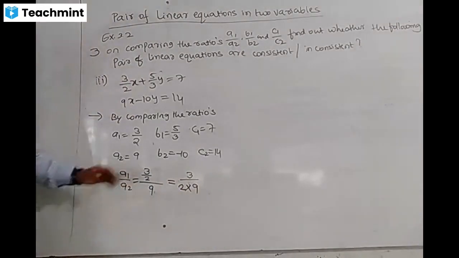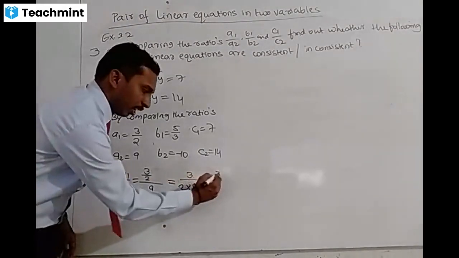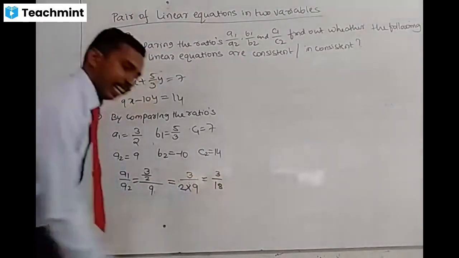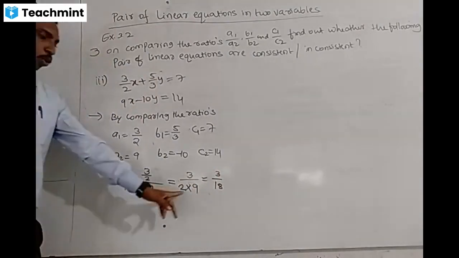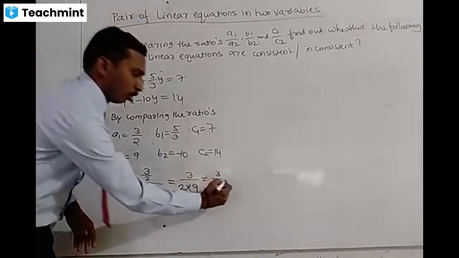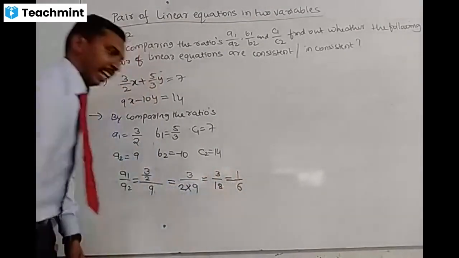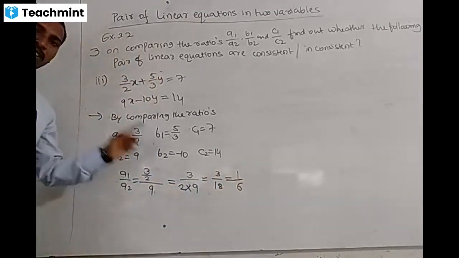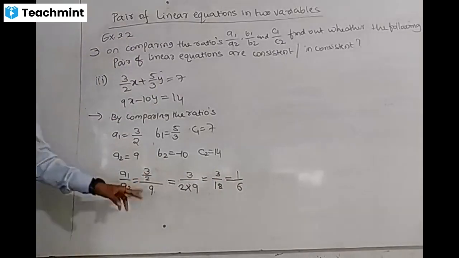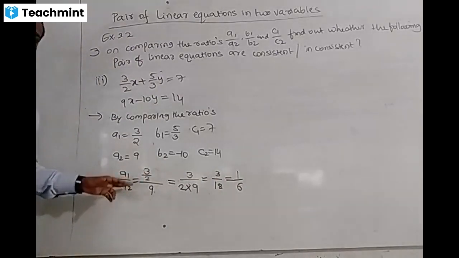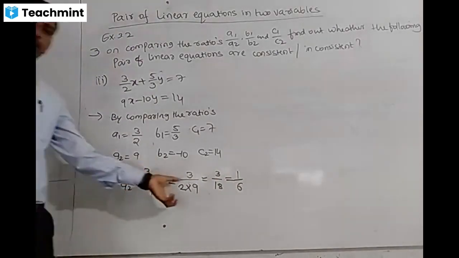Understood? And now it will be 3 divided by 18. 2 nines are 18. So now 3 ones are 3, 3 sixes are 18. So it can be written as 1 by 6. For such fractions, you need to concentrate.